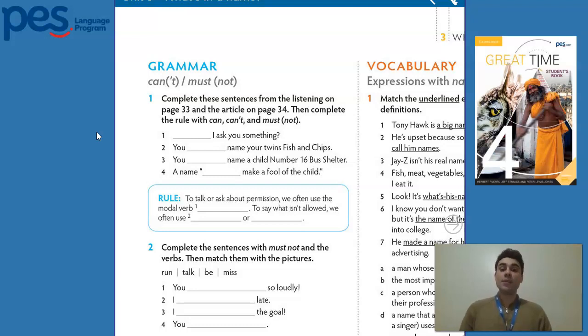And try to find the other 3 sentences. So again, pause this video, go back first to the listening, try to identify which one of the sentences was in the listening, and if you got your answer correct, and later go to the text, the article from page 34, the one about the names, and try to identify the 3 sentences, and if you could get them correct as well, right? So pause the video and do this now.